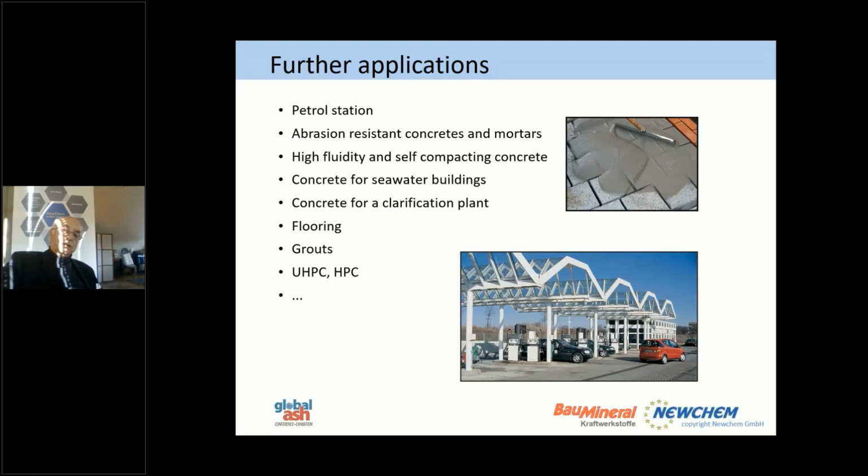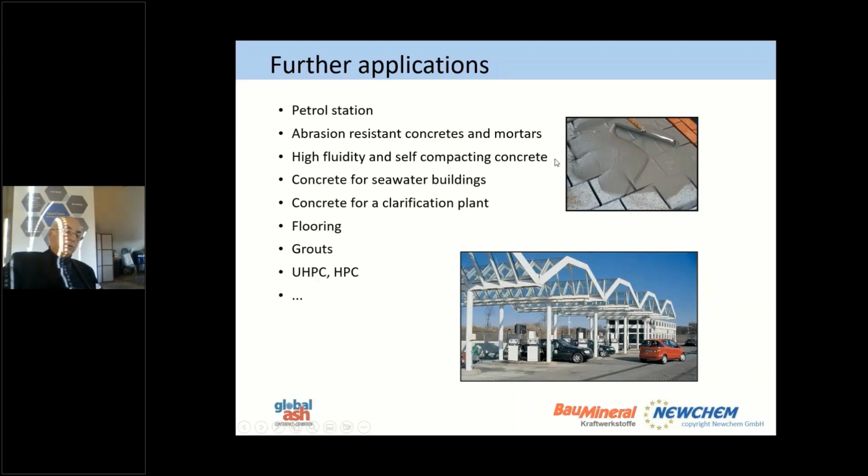The denser the concrete is, the fewer problems you will have to clean it, and the less attack you will have on the cement. Naturally, also from a mechanical point of view, if your concrete is very dense, the abrasion resistance is much better, and the same thing is true of the abrasion resistance of the mortars. So here we have again the high fluidity and the self-compacting concretes.